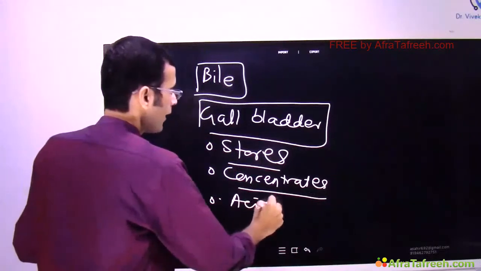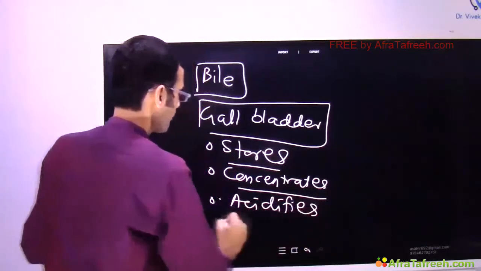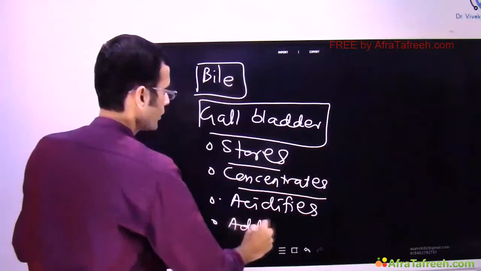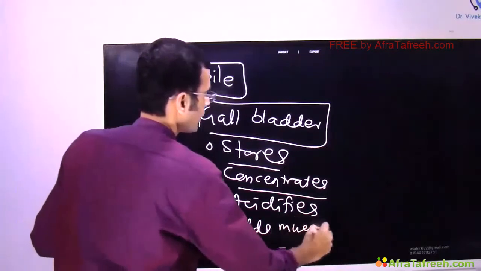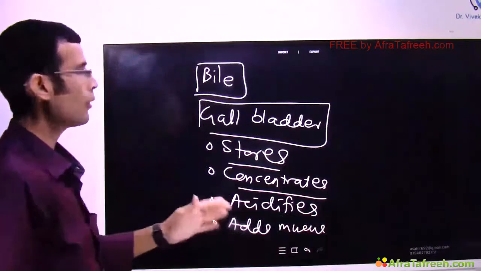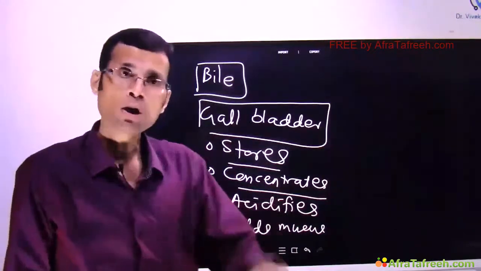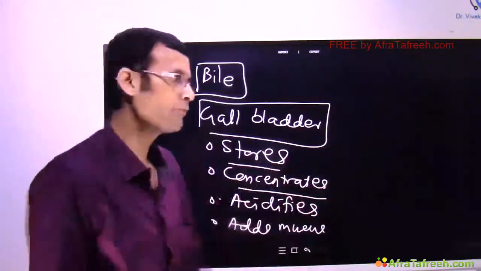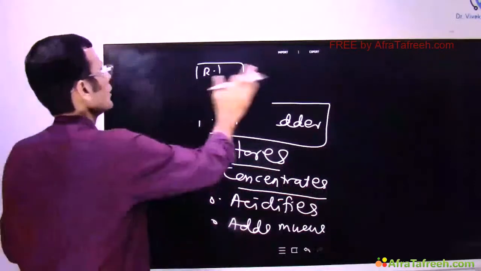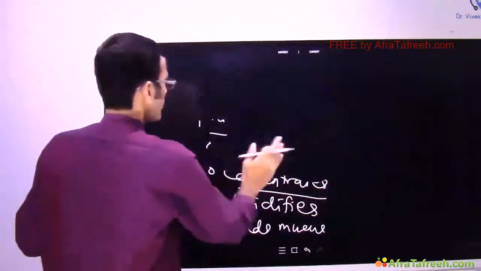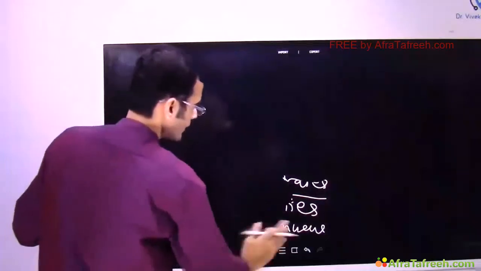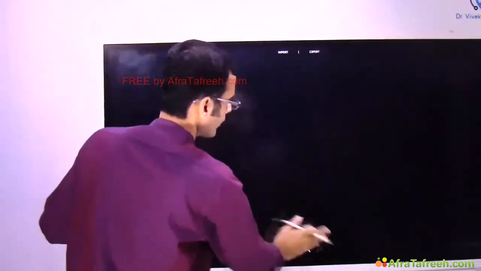It acidifies the bile, and it also adds mucus to the bile. So these are the important functions or actions of gallbladder on the bile which is coming from the liver. So these are some of the secretions in the digestive tract and what their functions are.